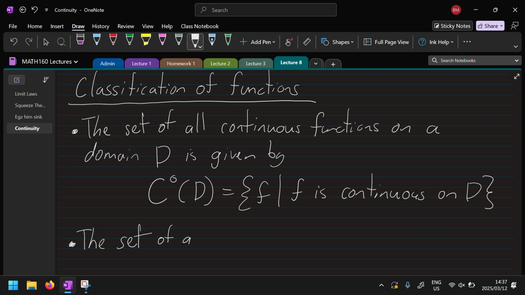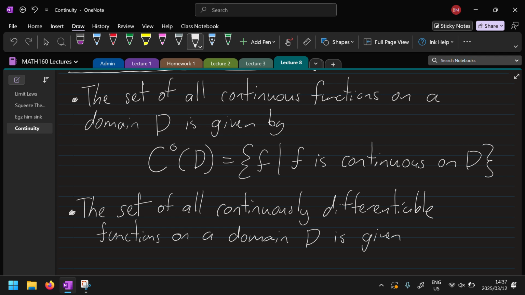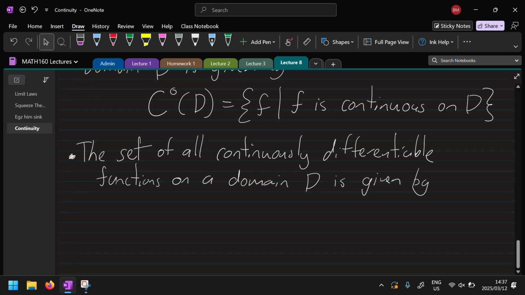The set of all continuously differentiable functions on a domain D is given by C1 of D. What do we mean by continuously differentiable?